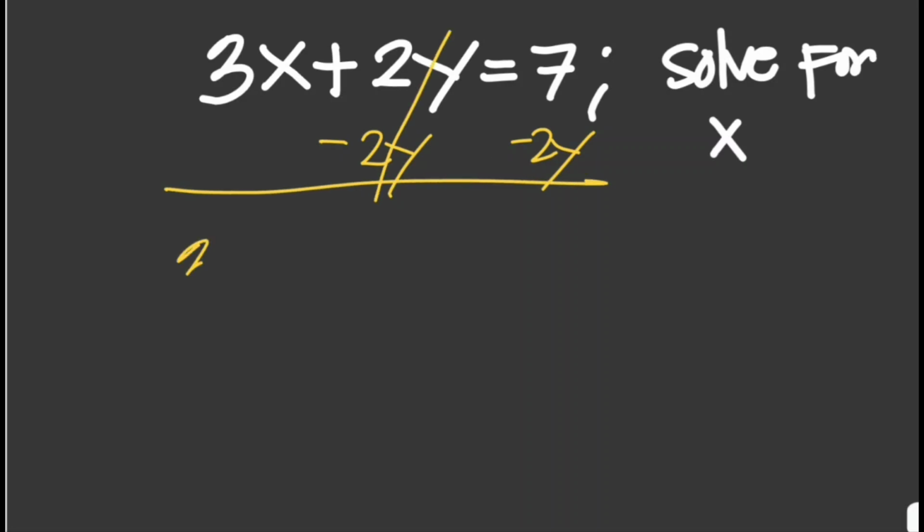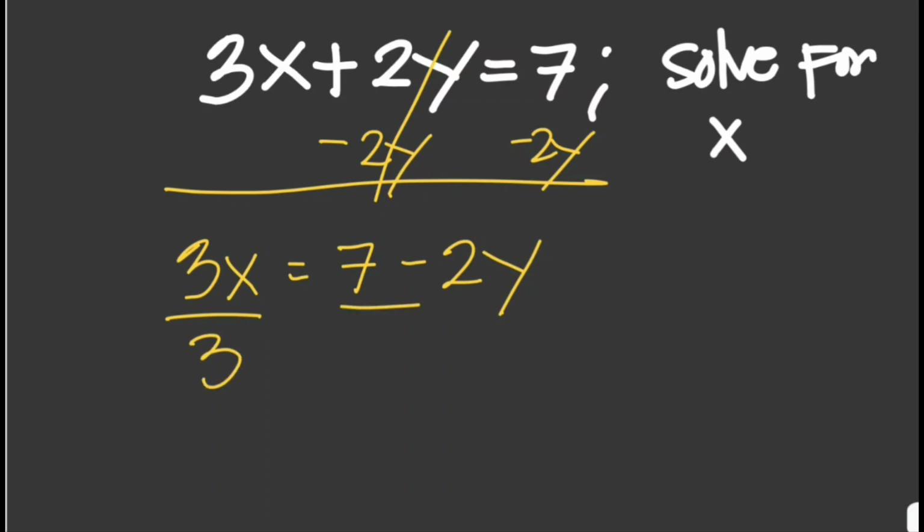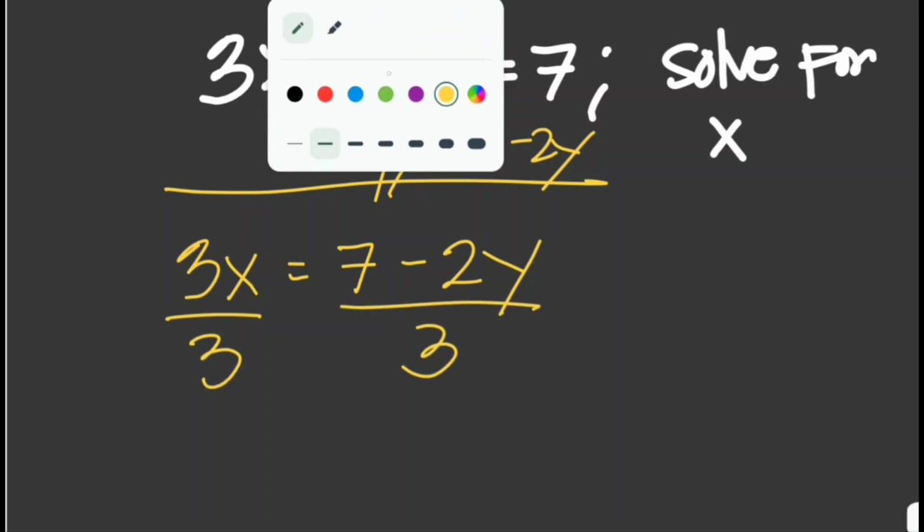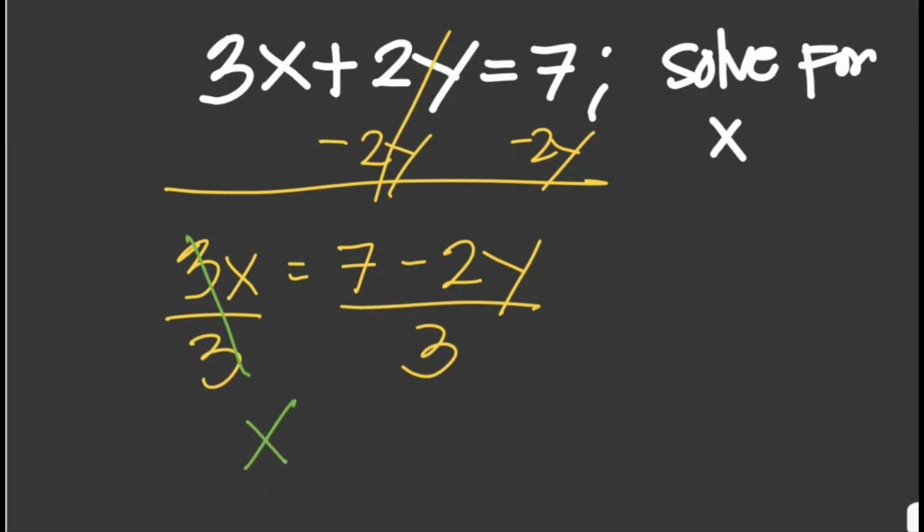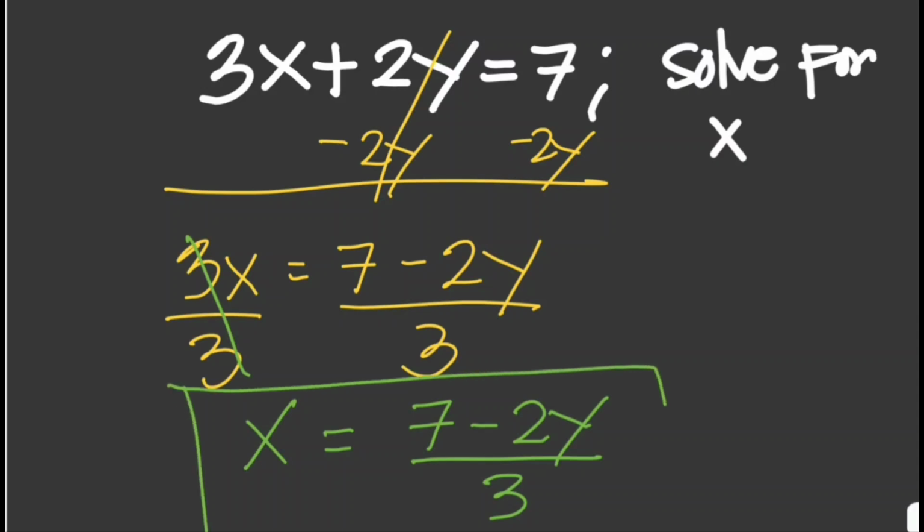Then we have 3x equals 7 minus 2y. And then to solve for x, we divide both sides by 3. Then we have x equals 7 minus 2y over 3. So this is now this equation in terms of x.